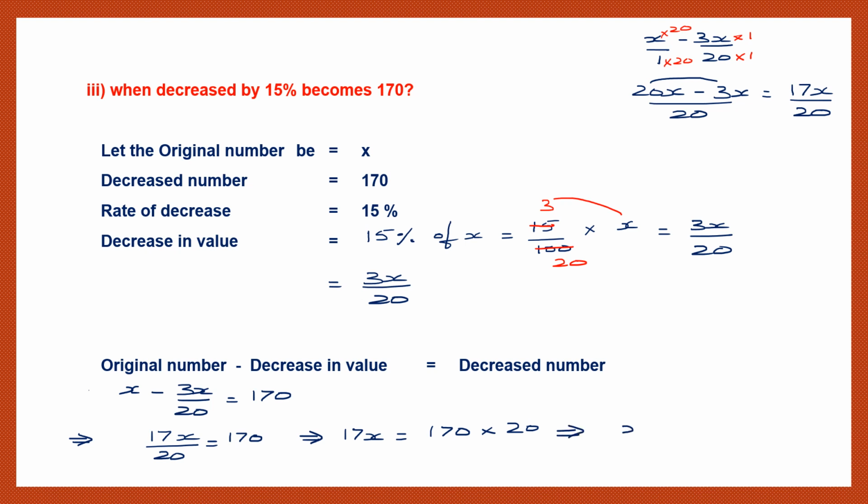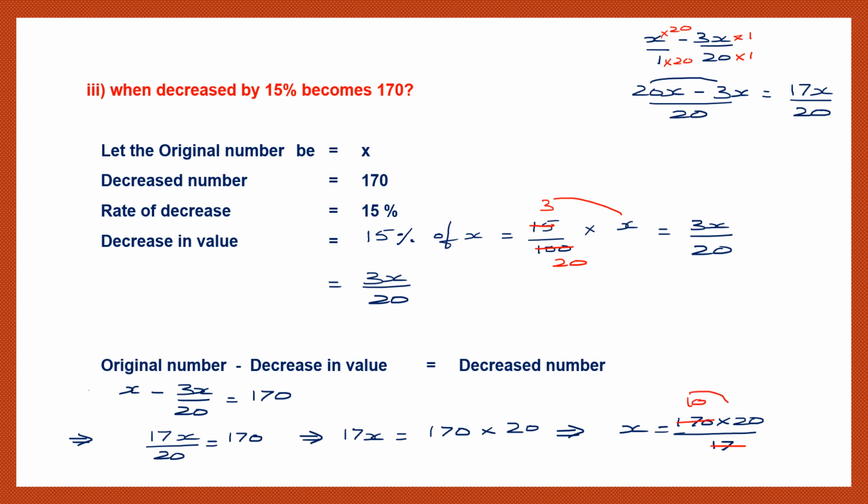So x is equal to, now 17x means 17 into x, so I'm going to move the 17 to the right hand side. It becomes division. So what do I have here? 170 into 20 divided by 17. So let's cancel. 17 into 10 is 170.